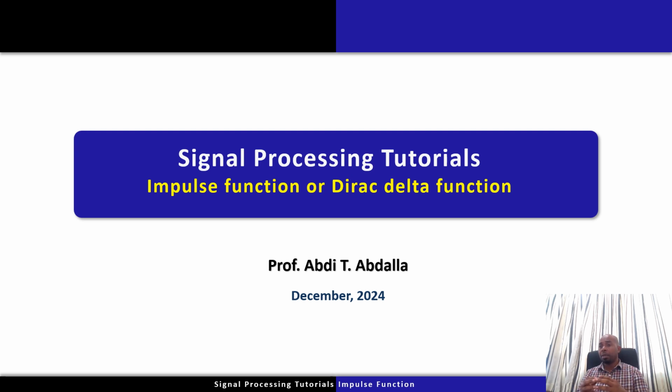In system analysis, for example, the impulse function is crucial for studying how systems react to sudden input. This reaction is what we call the impulse response, meaning the output, how the system responds to an input, which is an impulse in this case.